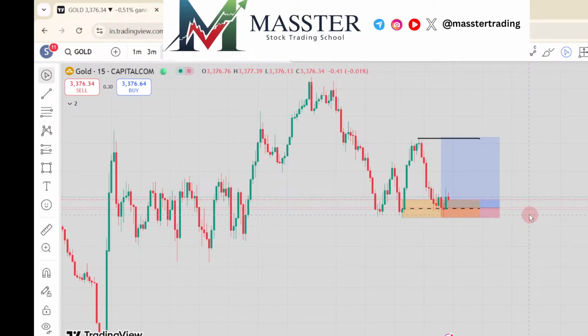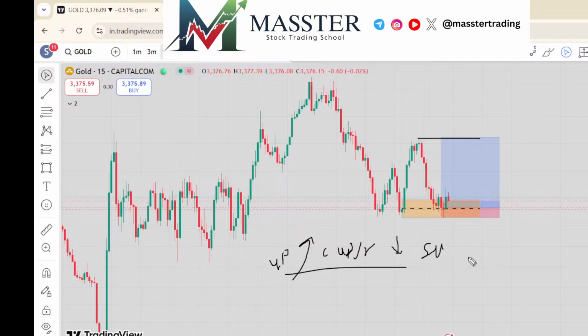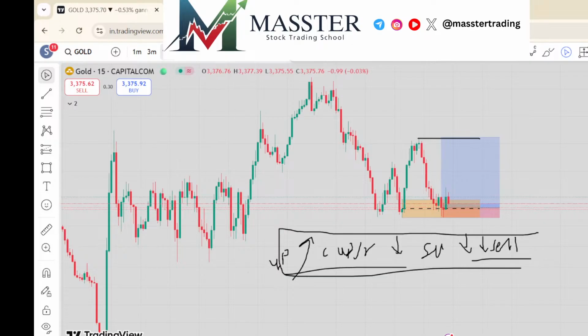Short-term traders might focus on quick gains, but position traders are likely watching for a sustainable uptrend. Positionally, gold is totally in an uptrend. But in quick scalping, for a short gain you can sell gold, scalping wise you can sell it.